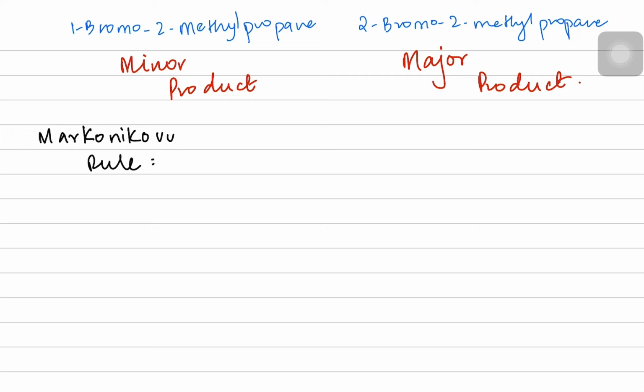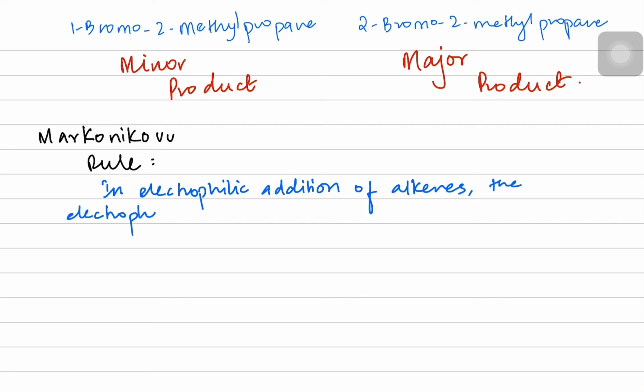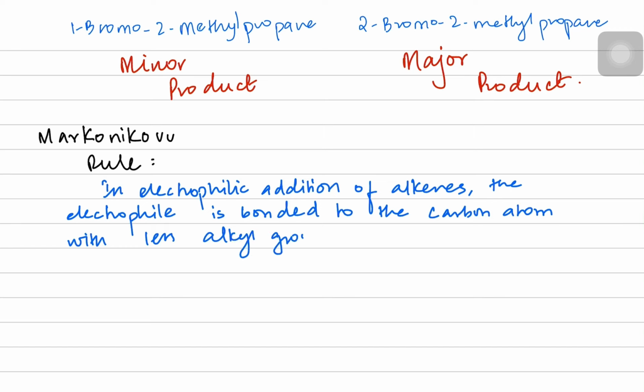So in electrophilic addition of alkenes, the electrophile is bonded to the carbon atom with fewer alkyl groups.